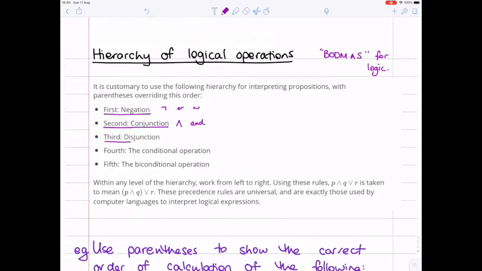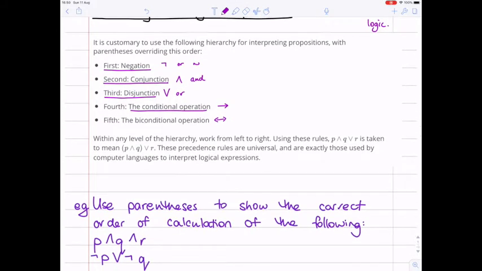And then the third thing that you'll look at is disjunction, which remember is or. Conditional, so remember that's the one-way arrow. And finally, if you've got any double arrows, you'll work that one last. Within any level of the hierarchy, you work from left to right.